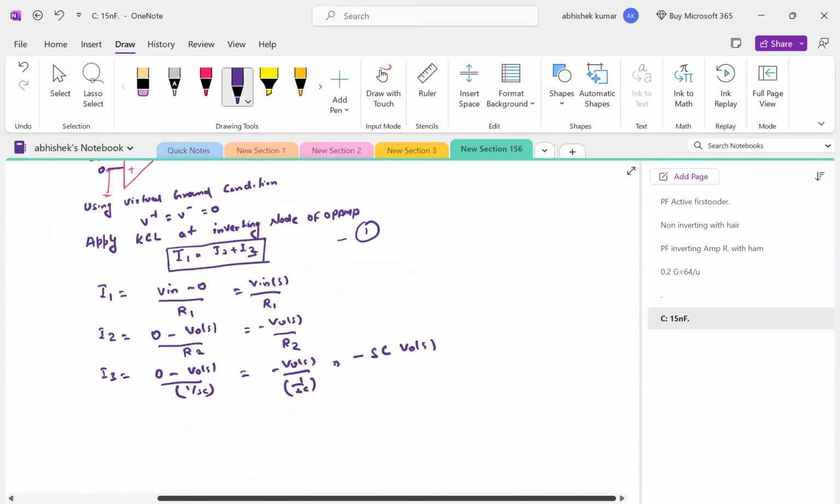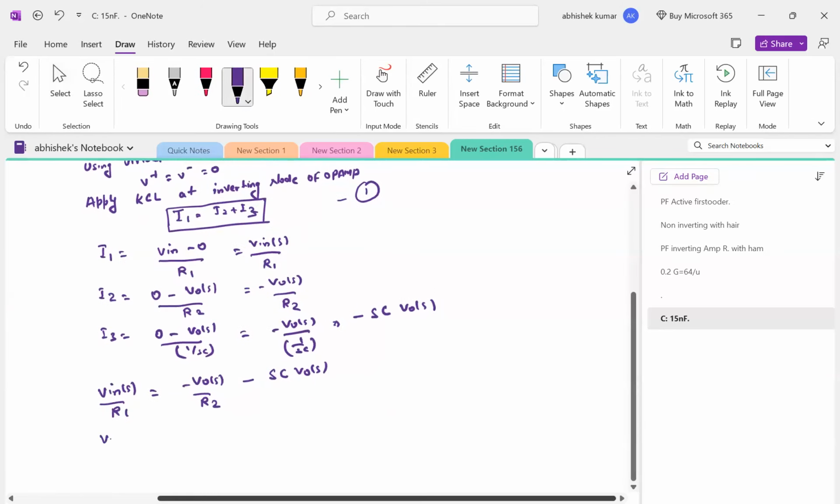So basically it will be V input S by R1 equals minus V output S into 1 by R2 plus SC.